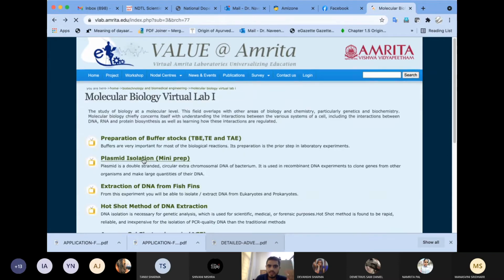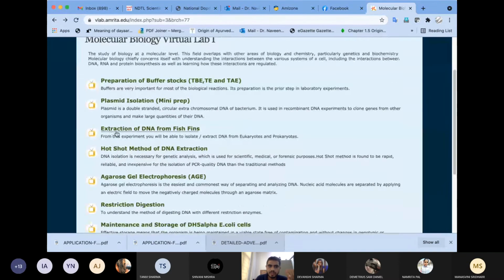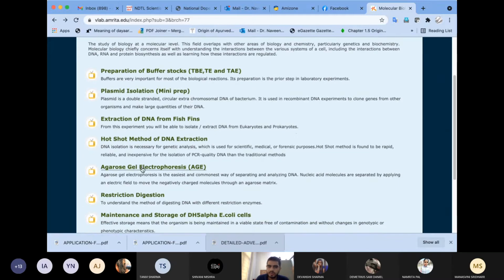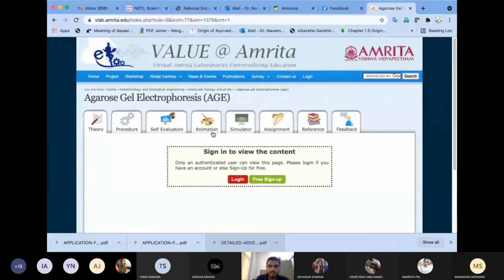Here the plasmid isolation is there. Then extraction of DNA from fish fin. We are not going to talk about the fish; we are going to talk about the bacteria, how to get DNA from the bacteria. Then some other methods of DNA extraction are also there. Then agarose gel electrophoresis is also available here, so you can click on it, and again you can go with the animation.